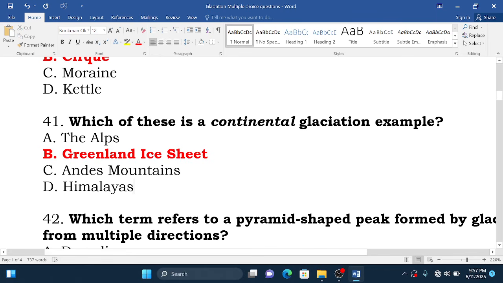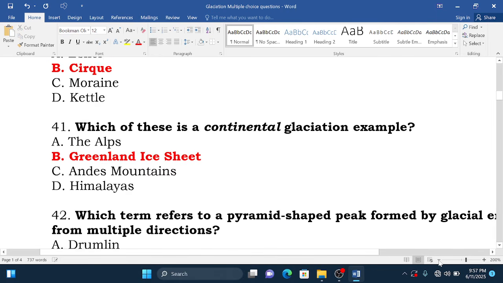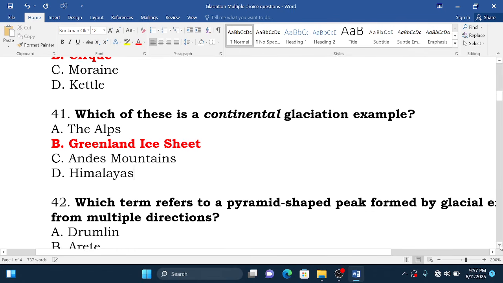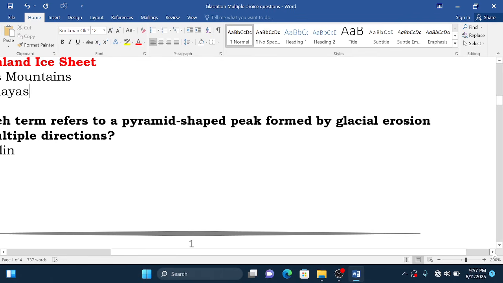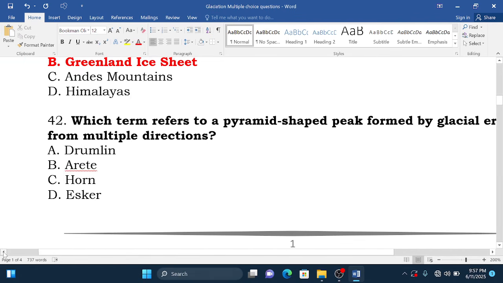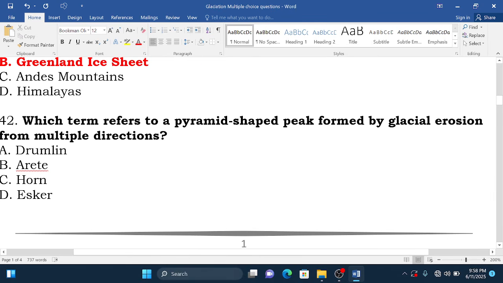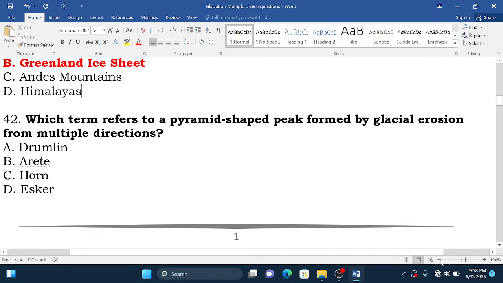Let's go to question number 42. Question 42 is asking, which term refers to a pyramid-shaped peak formed by glacial erosion from multiple directions?